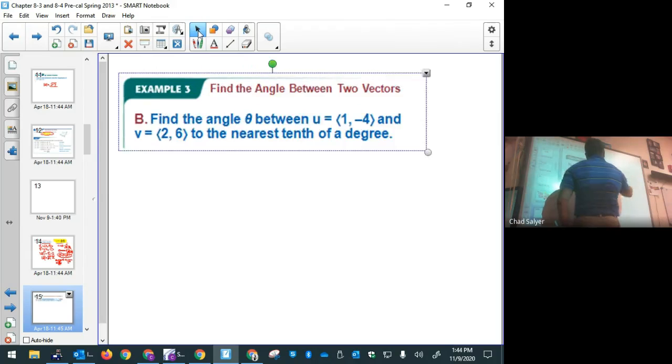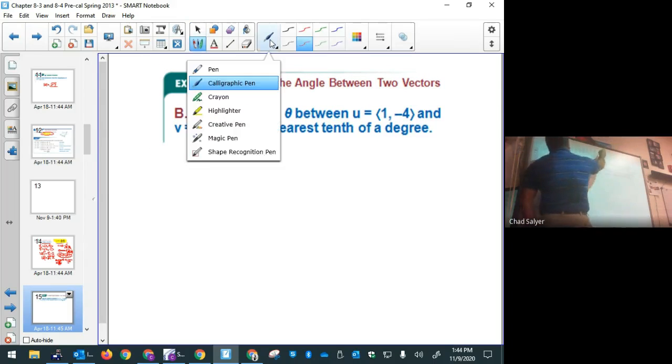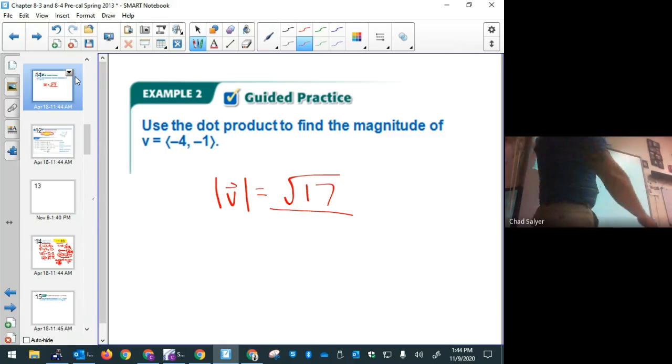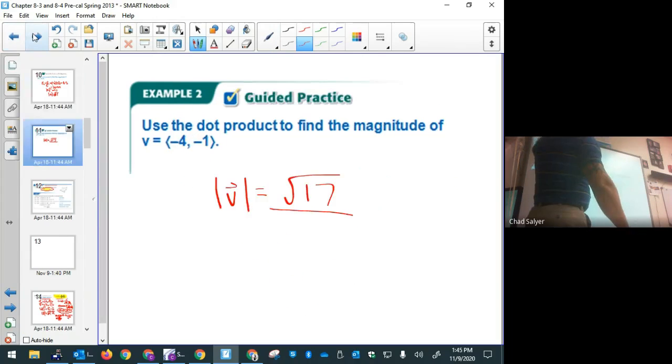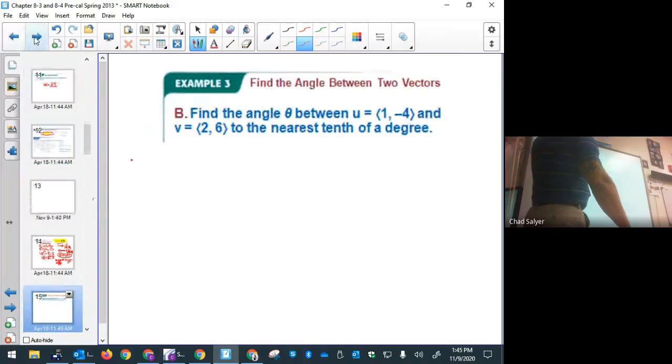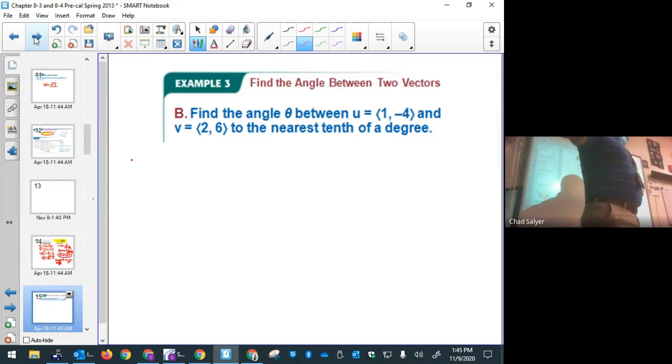Same deal. Remember that the cosine inverse is constrained to be between 0 and 180, which will always be where we find the smallest angle between two vectors.